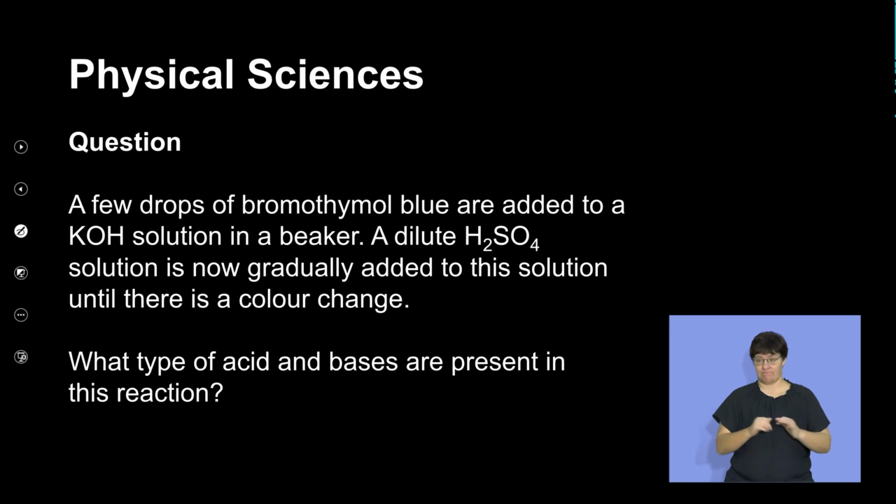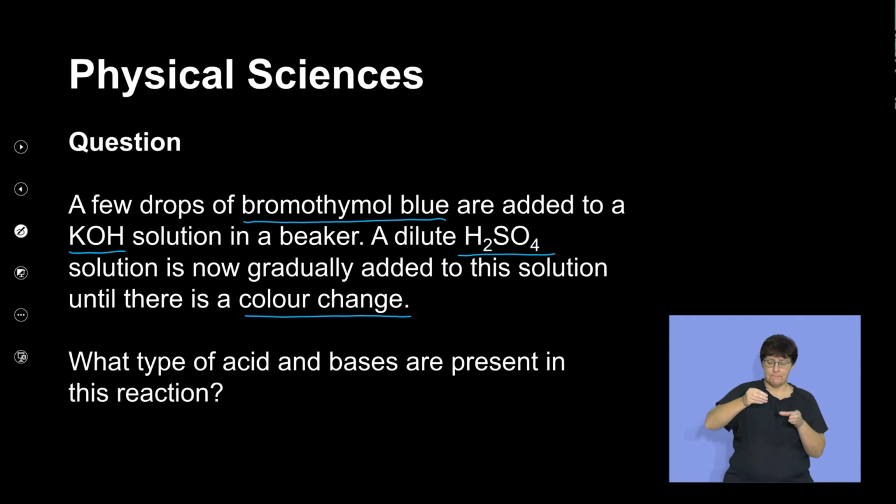Right, the question reads, a few drops of bromothymol blue, okay? So this is an indicator added to a potassium hydroxide solution in a beaker. A dilute sulfuric acid solution is now gradually added to this solution until there is a color change.